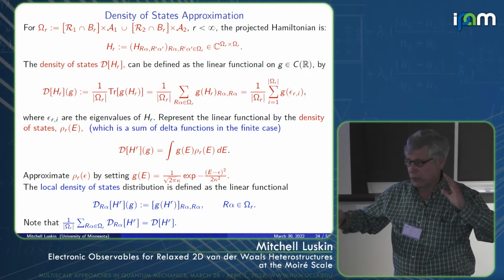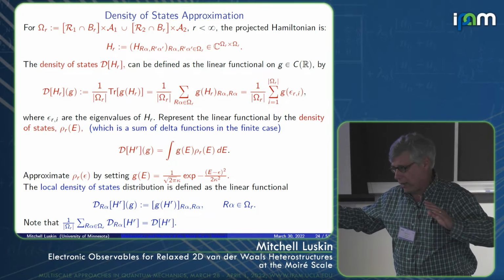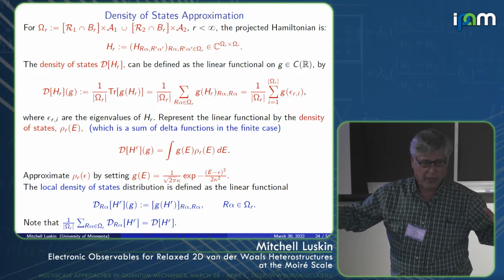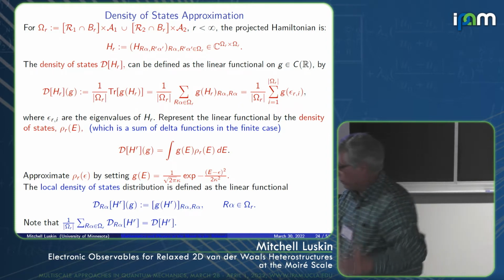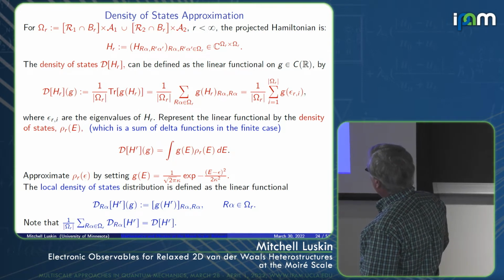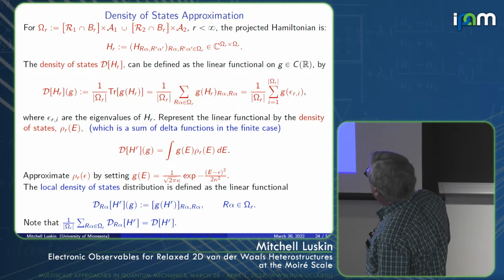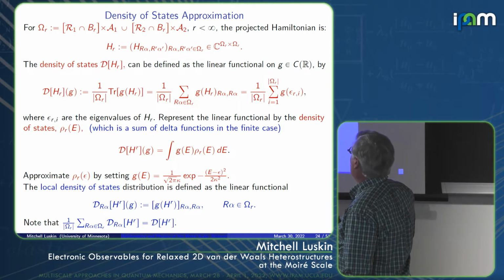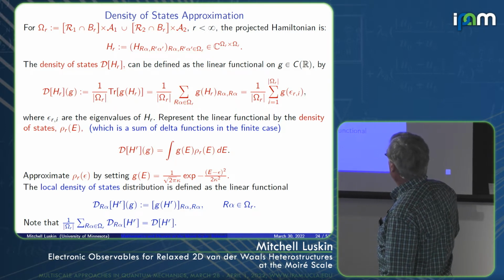It actually converges only at one rate, at scale 1 over r, whereas the methods that I'm going to show you are all exponentially convergent in r, the cutoff of the truncation of the Hamiltonian. So from a numerical point of view, the best way to compute a density of states is to look at it as some kind of functional.